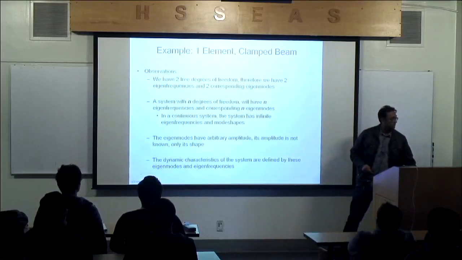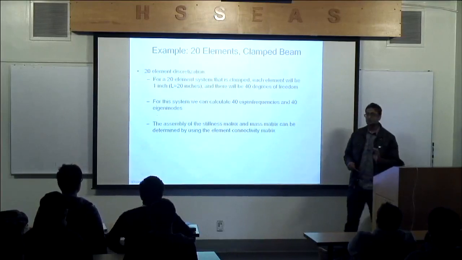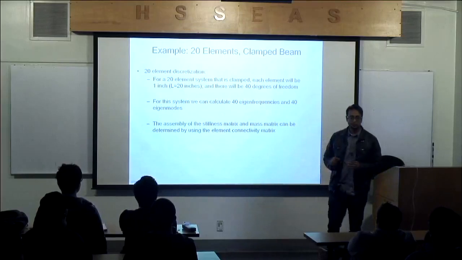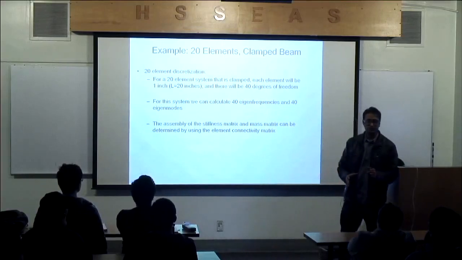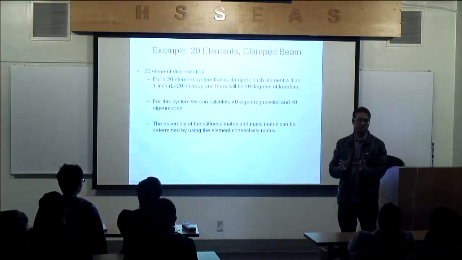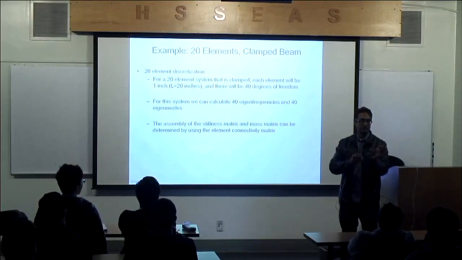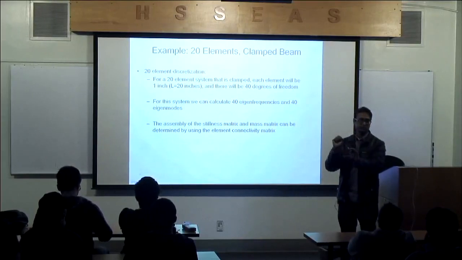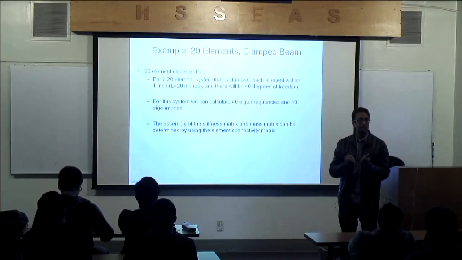Okay, so let's take a 20 element. So I took 20 elements, okay? That's not very hard to do. I mean, Mathematica can actually give you a stiffness matrix. I think the function to calculate is Eigensystem. That is the word that you will write down. Eigensystem, then you put the first matrix and the second matrix. And that's going to generate automatically the eigenvalues and the eigenvectors. So you don't have to do much more than that.